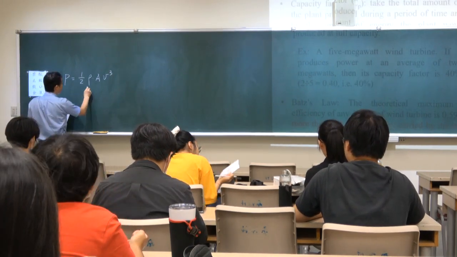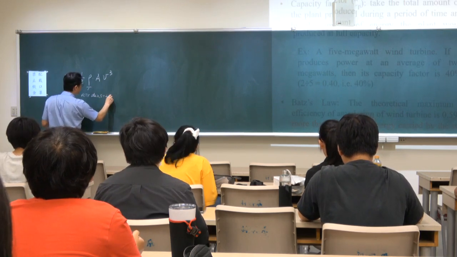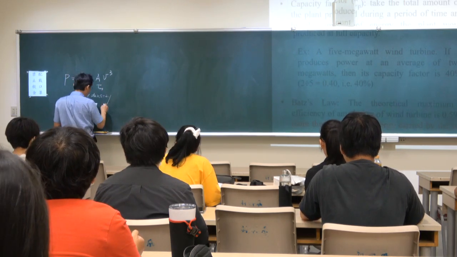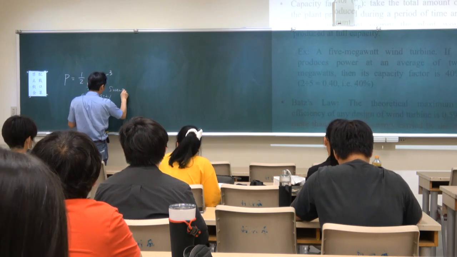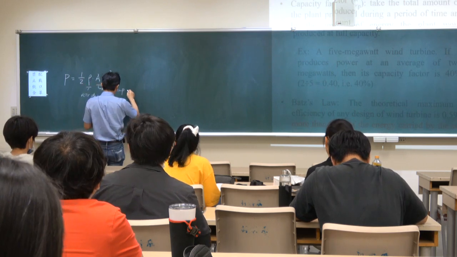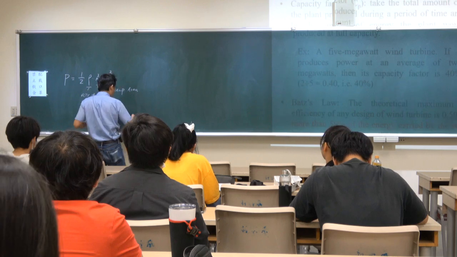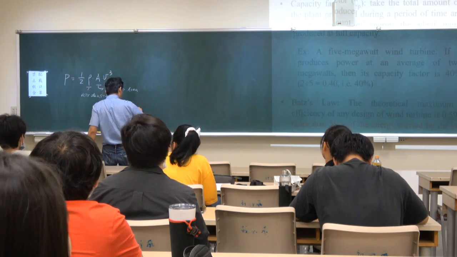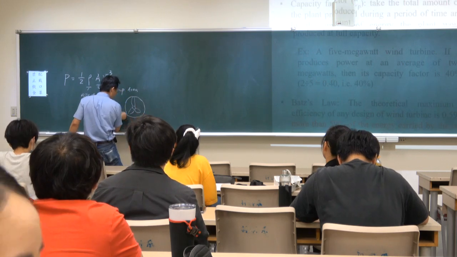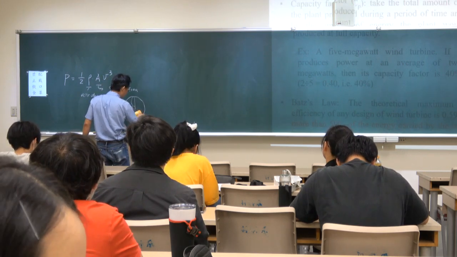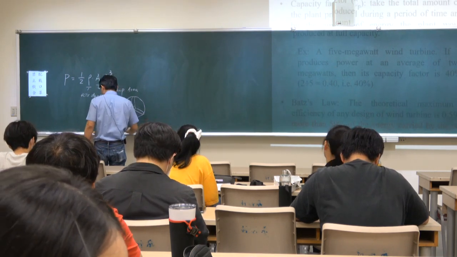So ρ is the air density. A is the sweep area, which means if you have a turbine, and this A, this area.